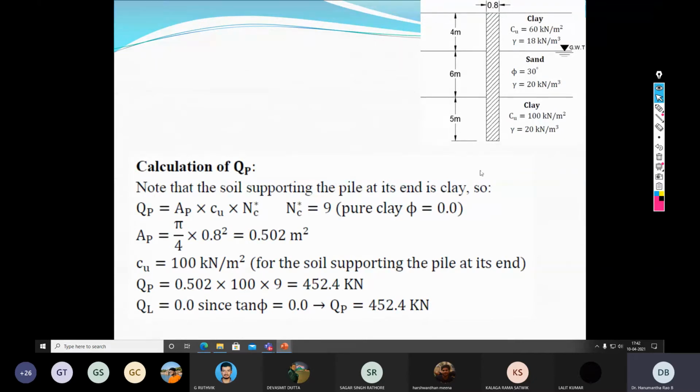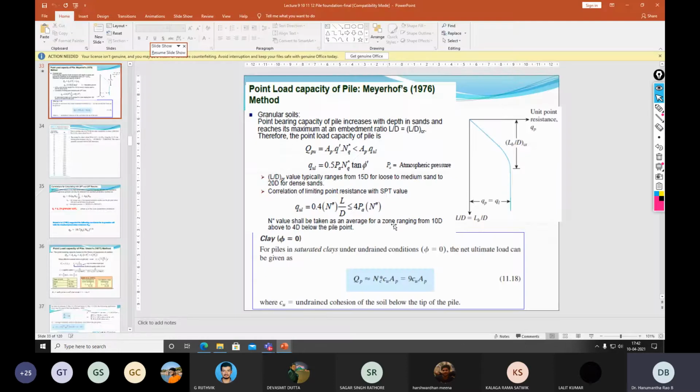QP as Q limited. Or alternatively, if you want to calculate, you are most welcome to do so. Take 15 times of D, take its variation of 15 times of D, and or alternatively just calculate Q limited and whatever the value you are getting, that value shall be taken.